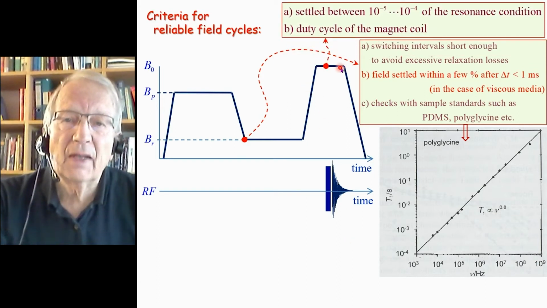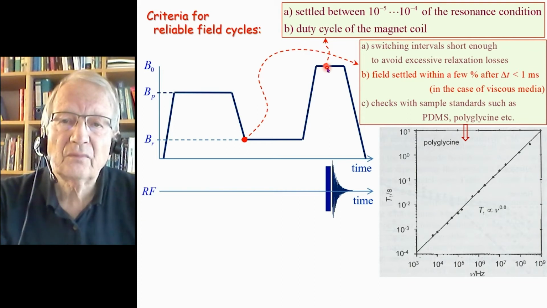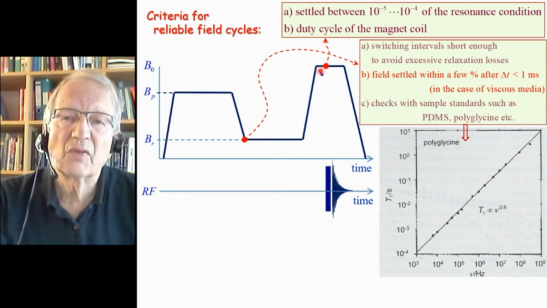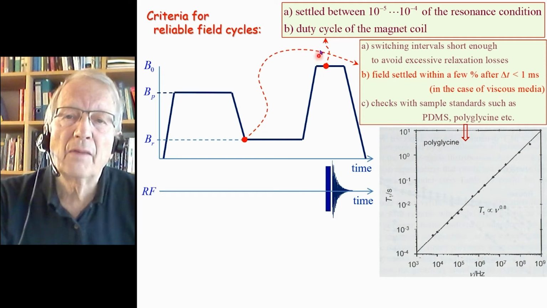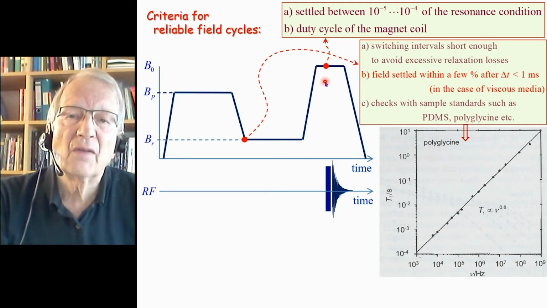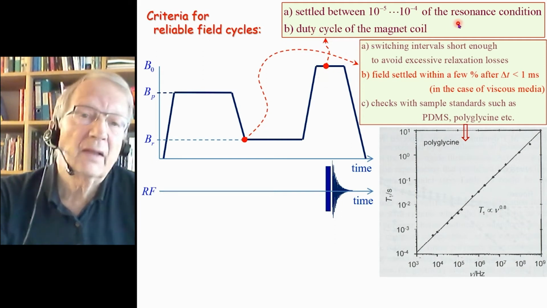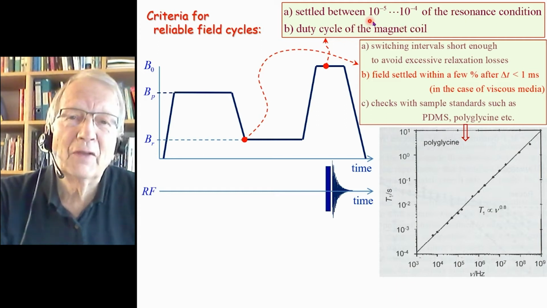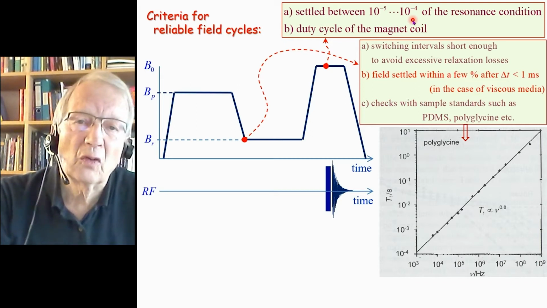When we detect the signal in the acquisition interval, time is not that critical because relaxation times tend to be longer at high fields. However, since we want to reach magnetic resonance, this field should be reached within 10 to the minus 5 to 10 to the minus 4 seconds.